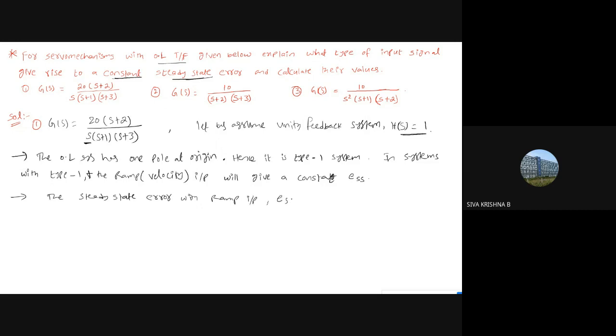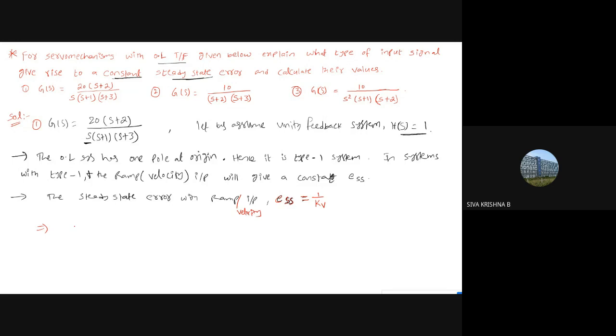What is the relation between the ramp input and ESS, and the relation between ESS and Kv, the velocity error constant? ESS equals 1 by Kv. The steady state error with ramp or velocity input is ESS equals 1 by Kv.